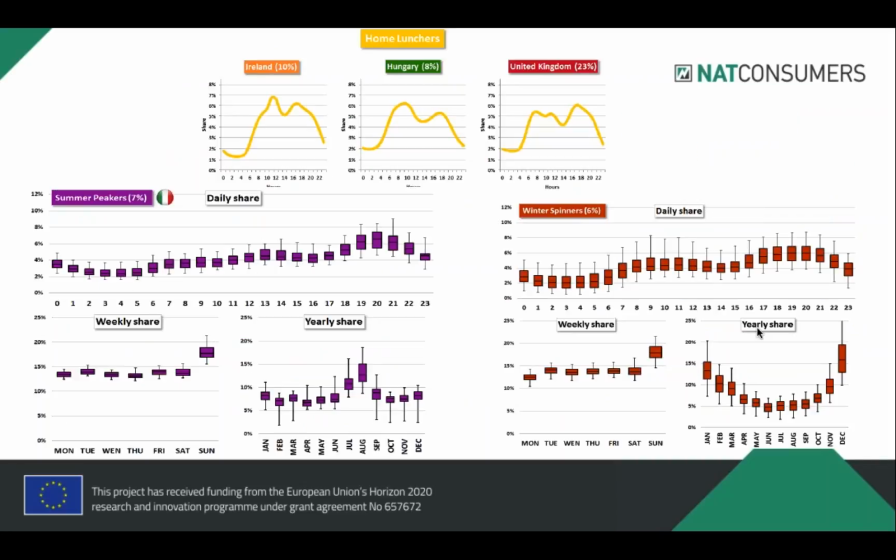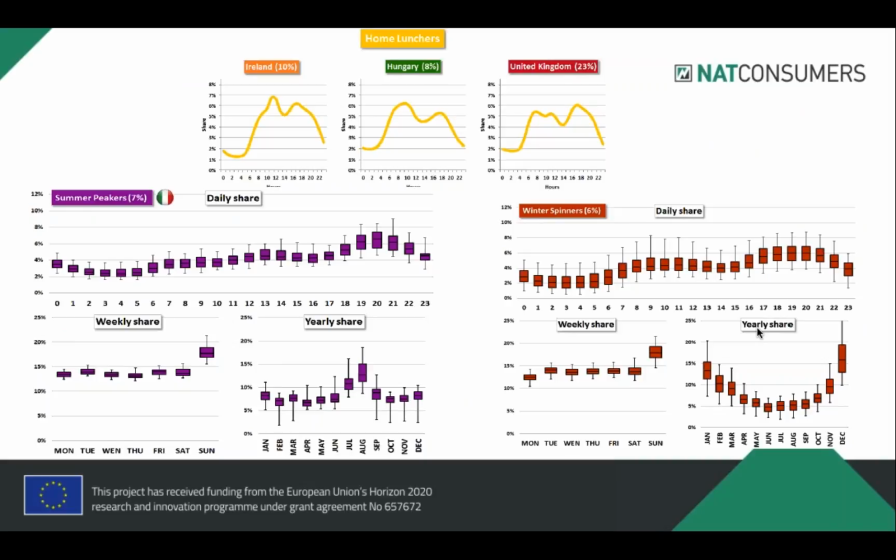And we have a very interesting group in 3 countries called home lunchers, which has a very high peak around 12 o'clock in the daytime. So probably one or more people in these households are at home, and they spend their day at home. That's why they have this interesting load profile. And there are some specific to countries. For example, in Italy there was a summer peaker segment.